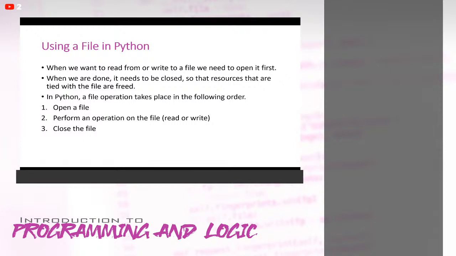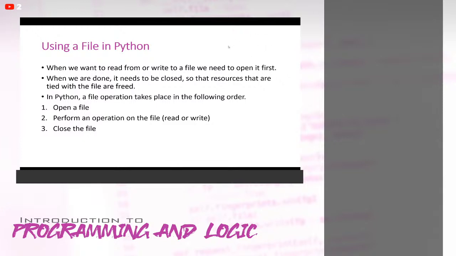So what I'd like to do is step us through these processes: opening a file, reading from or writing to a file, and then closing the file. And that'll be what we do for today.